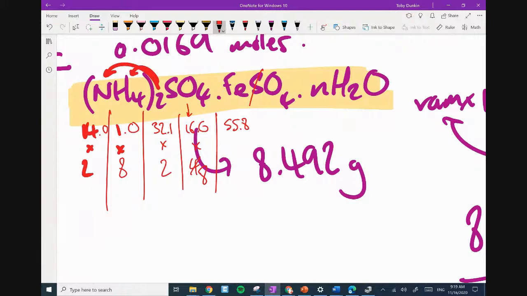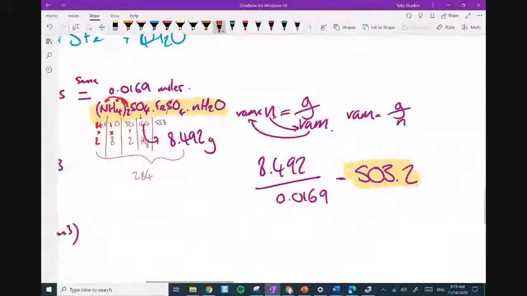Right, so 14 plus 14 plus 8 plus 32.1 plus 32.1 plus 16 plus 16 times, put it in a bracket on my calculator, plus 16 times 8 plus 55.8. So the total for this section is 284.0.